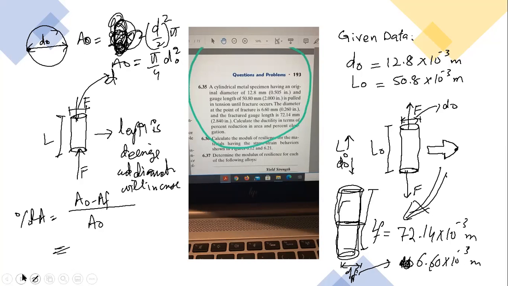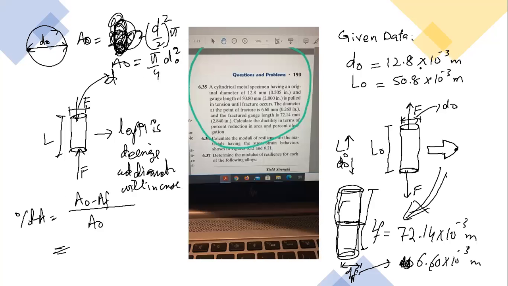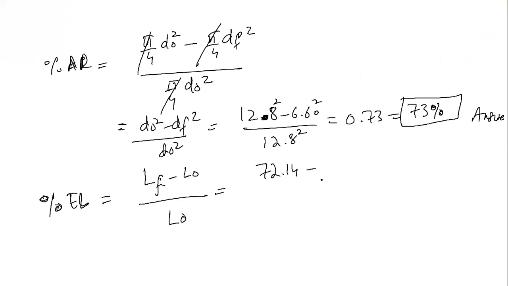The final length, 72.114. What is the initial? It is 50.8, over 50.8. How much is it? It is 0.42.